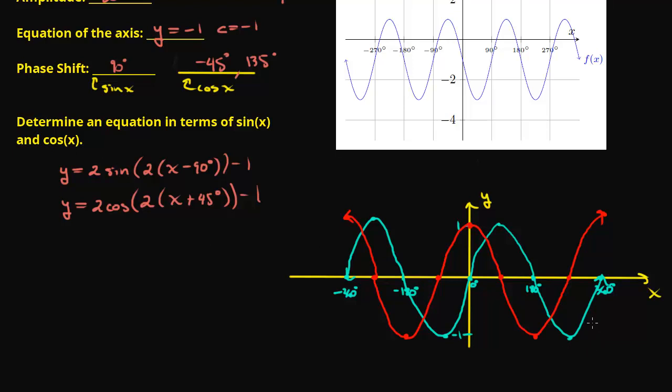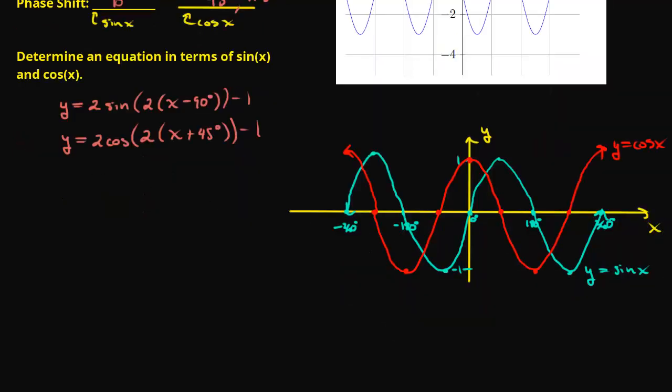The teal graph here is the graph of y is equal to sine of x, and the red graph is the graph of y is equal to cosine of x. So how are these graphs related?